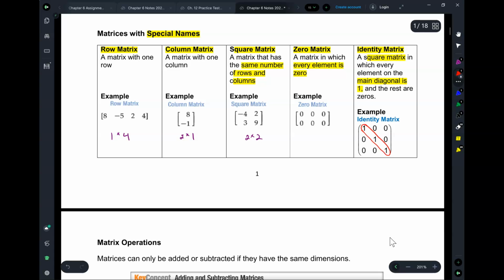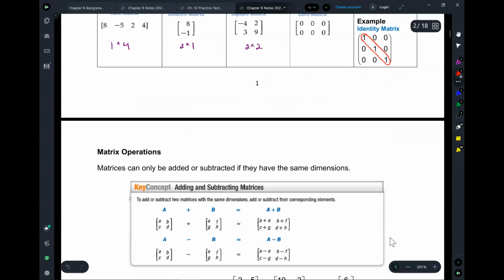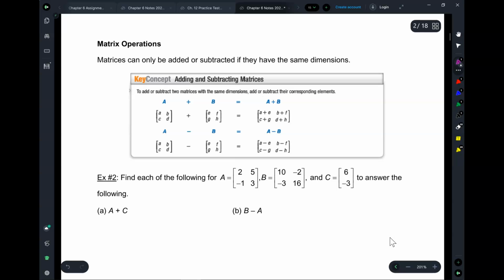That is the main diagonal. Only the one that goes that way. It doesn't have to go that way. Okay? So this main diagonal has to be all ones, only ones, and everything else has to be a 0. That's the identity matrix. What is the point of an identity matrix? We'll learn in the next lessons. Okay? All right. Matrix operations.